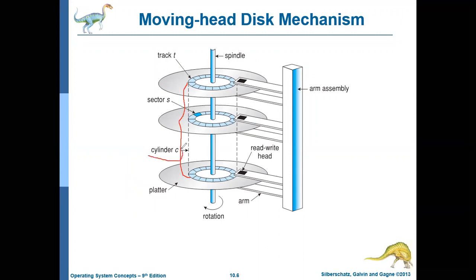The respective track of all the platters put together is called a cylinder. So this entire thing is one cylinder. This is one cylinder.